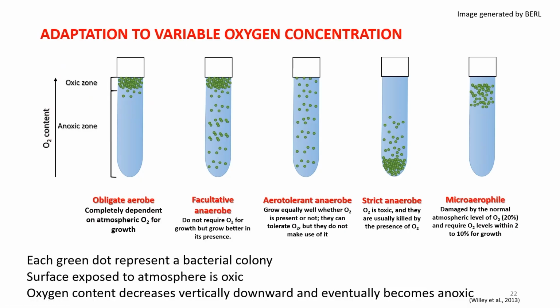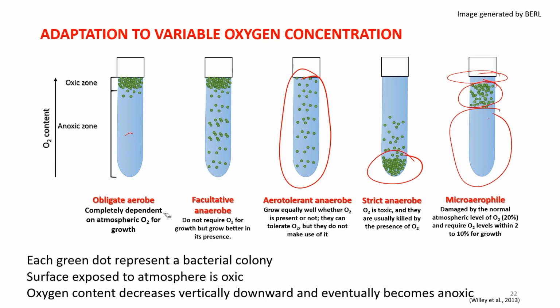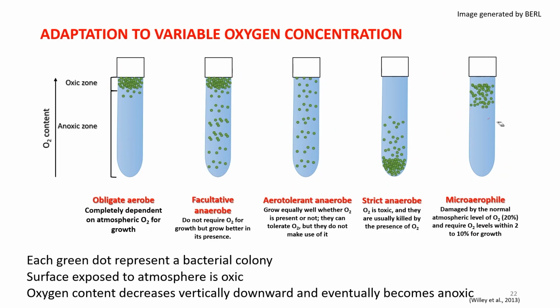If we grow certain bacteria, some will be growing at the top, some at the bottom, and some will be dispersed throughout with some concentration at the top, and some will be very uniform, and some will be not growing at the top, nor at the bottom, but just a little bit submerged. This is a very interesting phenomenon.